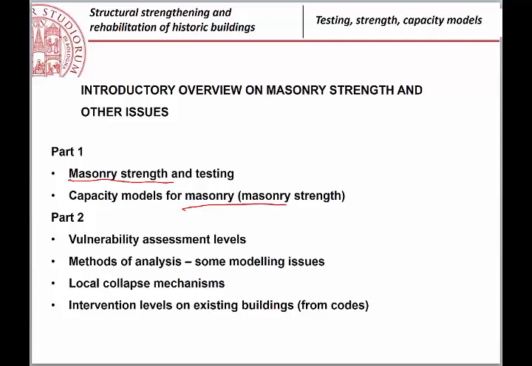So when we go from the material to the elements, we go from masonry strength to what we call the capacity model for masonry walls. Capacity, you probably remember this word from Buratti, is an open word that means not only strength, but also deformation capacity, for example.